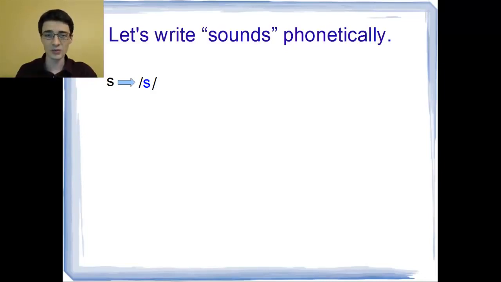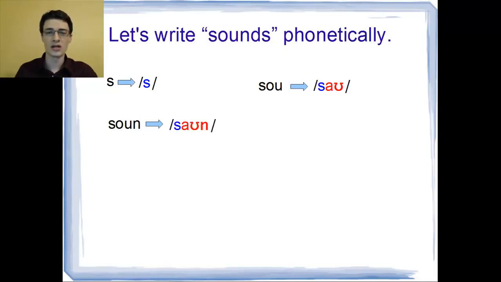S. Next we add in ow, as in out. Notice that it's red, which means that our throat vibrates. Sow, sow. Next we add in n. Sown. And then we add in d. Sound.